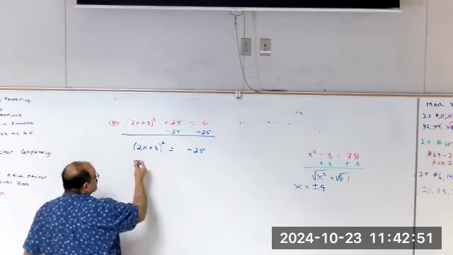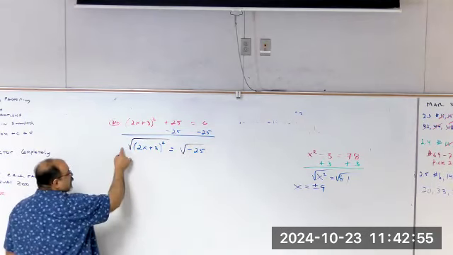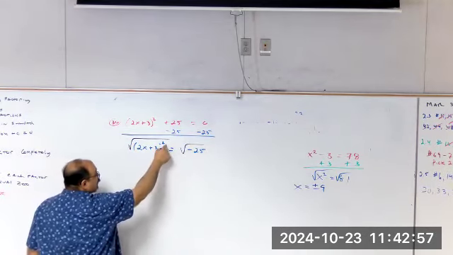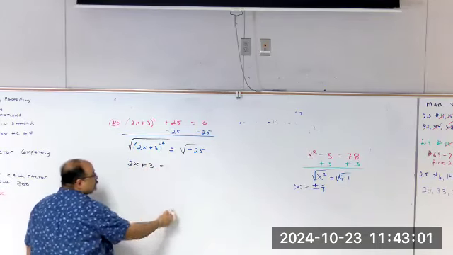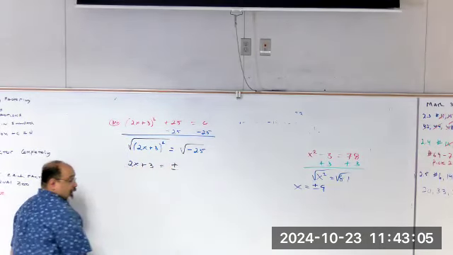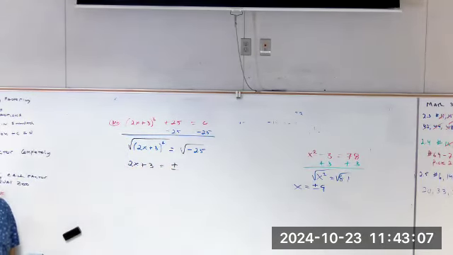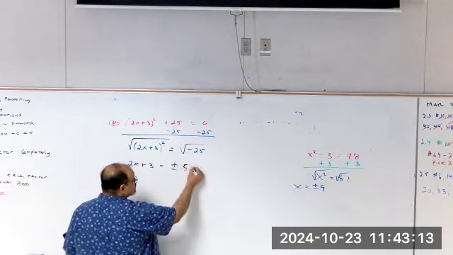Take the square root of both sides. The square root of (2x plus 3) squared is just 2x plus 3, equals plus or minus, take care of that first, and then simplify the square root of negative 25. What is it? 5 what? 5i.